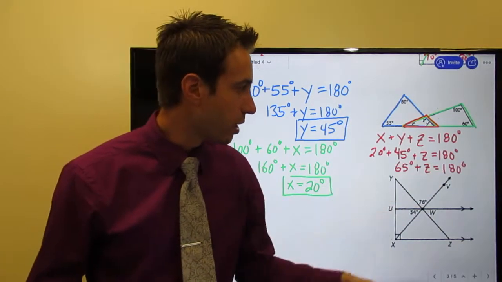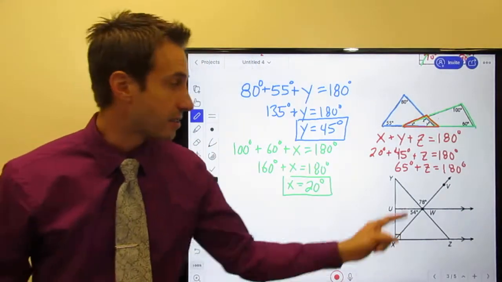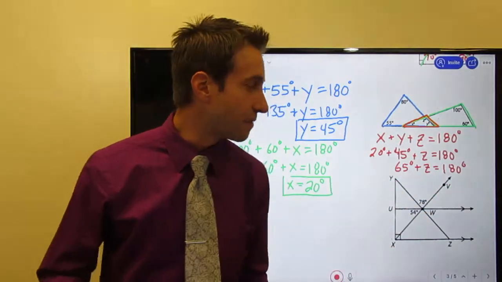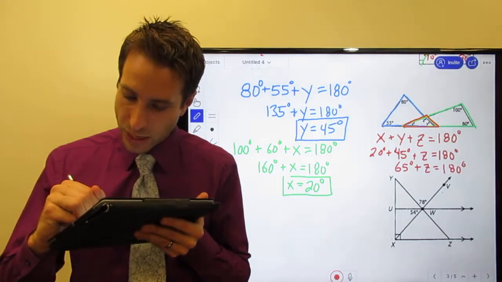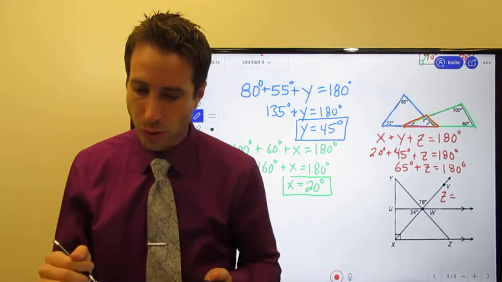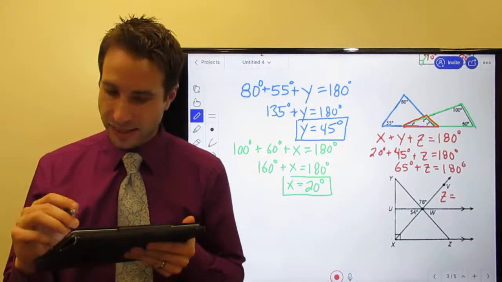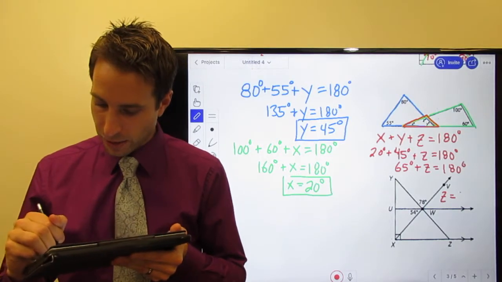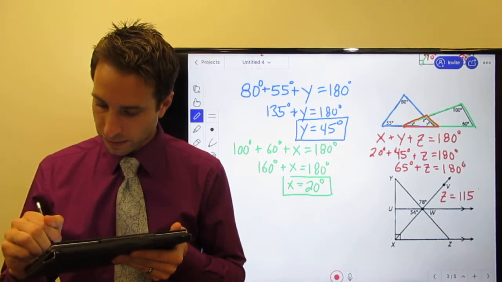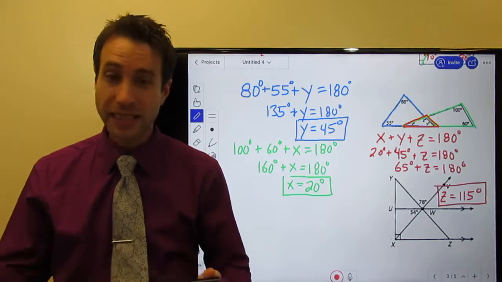Apologize, I'm squeezing onto my next guy here, but it's the last step. Subtract 65 to the other side, and we get Z is equal to 180 minus 65 is simply going to be 115 degrees. And that's it. You did it.